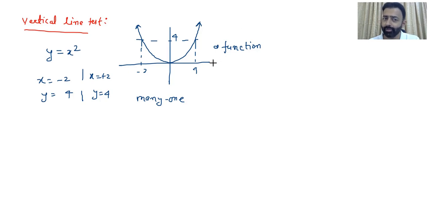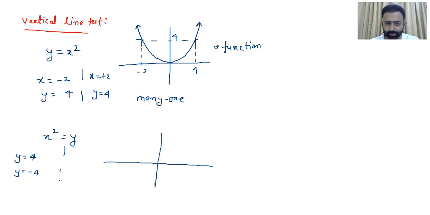But if I reverse this, let us say x square equal to y. In this case, for x square equal to y, let us say y is 4, x is +4 and x is -4. So in this case, for a single value of x you can have y as +4 and -4. Its graph will be like this.